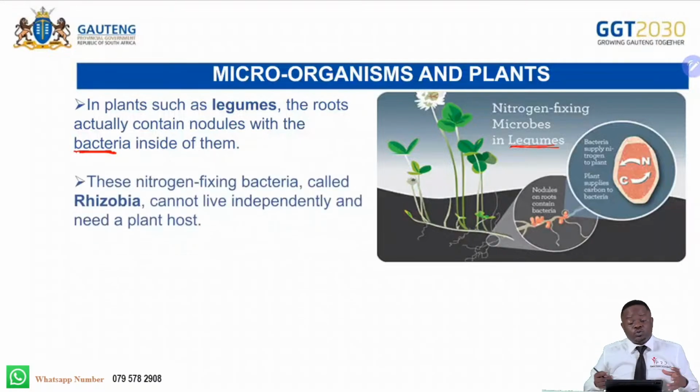What do these bacteria do? We call them nitrogen fixing bacteria. They help these plants to fix nitrogen into the soil. Nitrogen is very important, especially for the manufacture of plant protein, so it's one of the nutrients needed by plants.